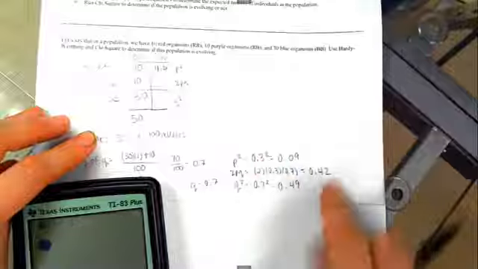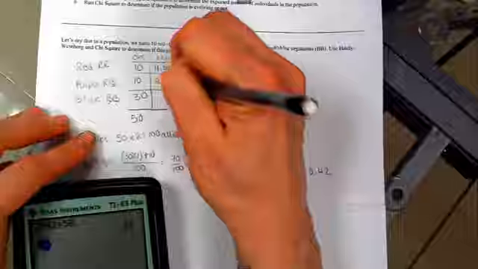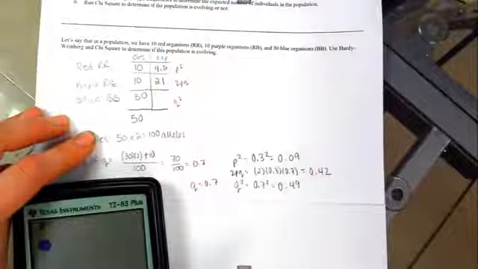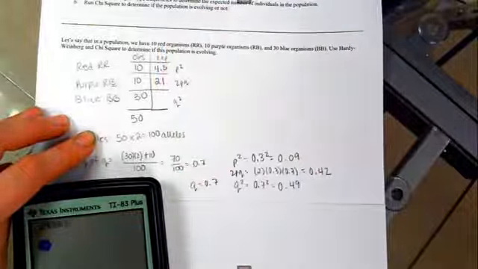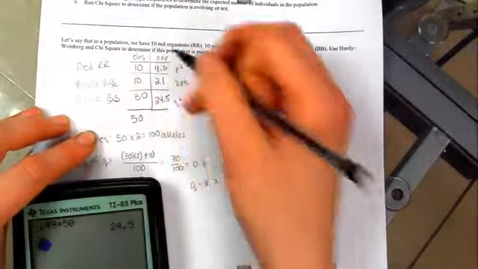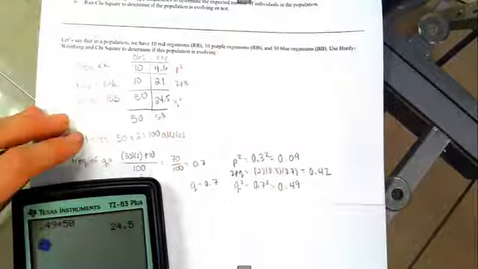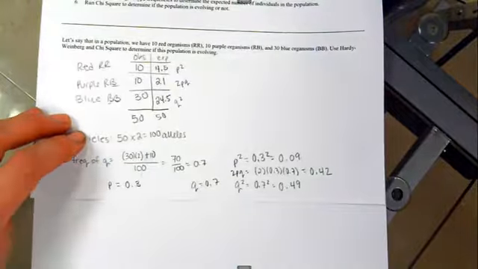My 2PQ, 0.42 times 50 individuals gives me 21 organisms. And my 0.49 times 50 individuals gives me 24.5. Double check that those add up to 50, right? That's one way to check yourself. That should make sense. We are not done with this problem yet.